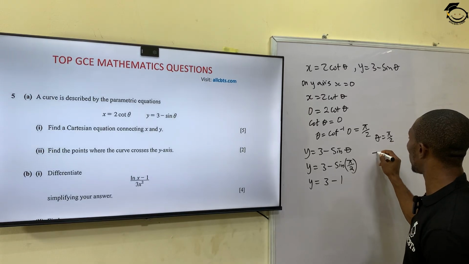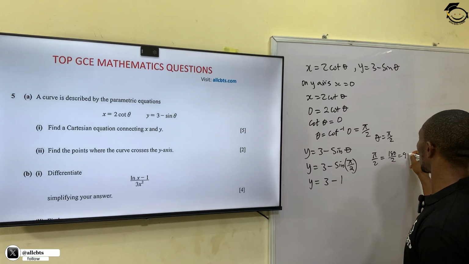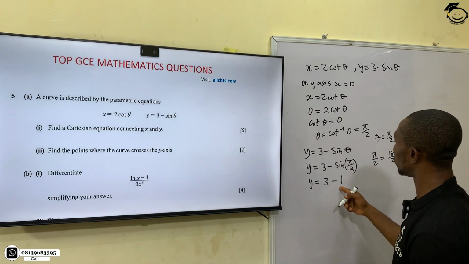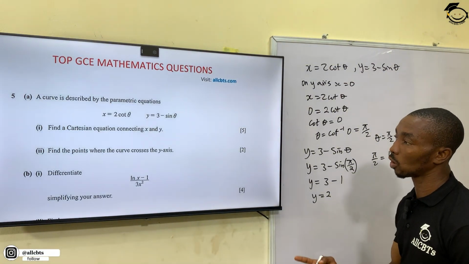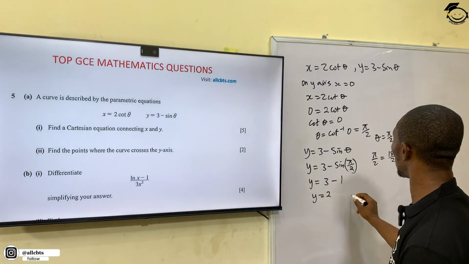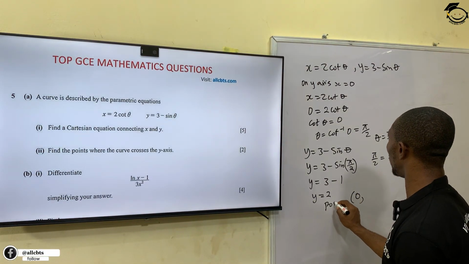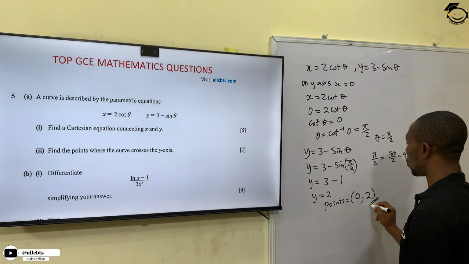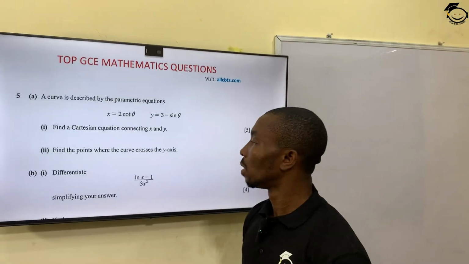Okay, sine pi over 2 is 180 over 2, which will give us 90 degrees. So sine 90 will give us 1. So y equals 2. So the point where the curve crosses the y-axis will be when x is 0 and y is 2.